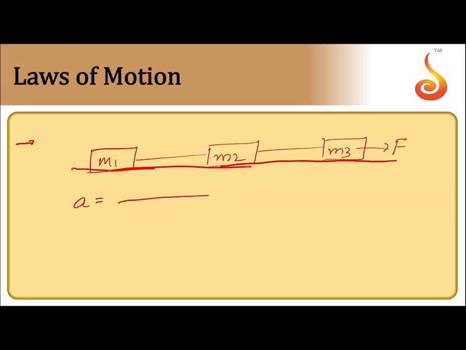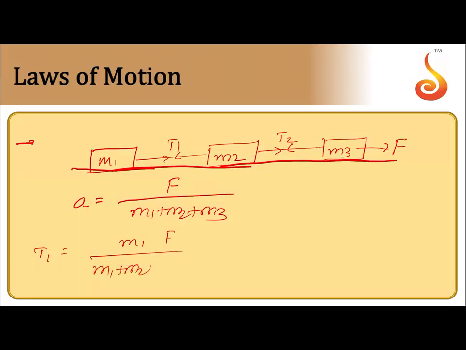Acceleration of the system is simply F divided by m1 plus m2 plus m3. Suppose the tension in this string is T1, the tension in this string is T2. Then T1 is equal to m1 F divided by m1 plus m2 plus m3.